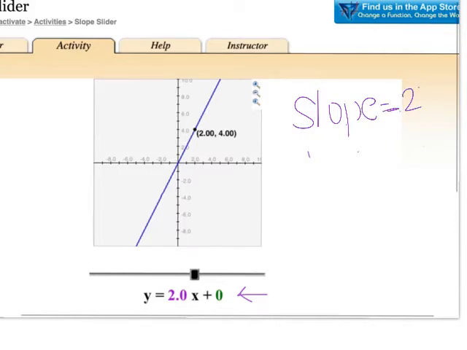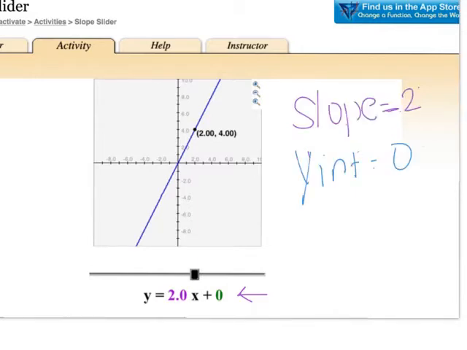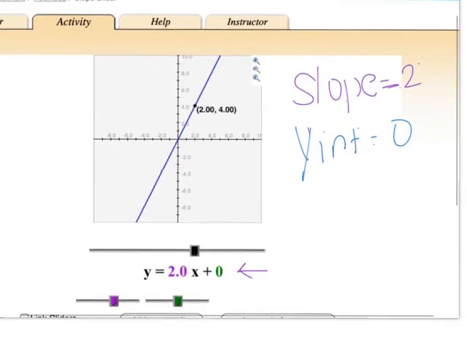Okay, my y-intercept is still 0. Pretend that blue was green. Okay, the line got steeper. Say I make the slope, say the slope is now 4. The line got even steeper. Now the slope is 5.